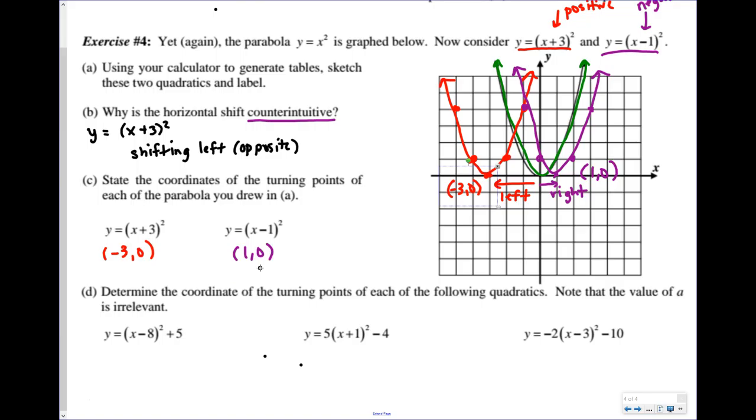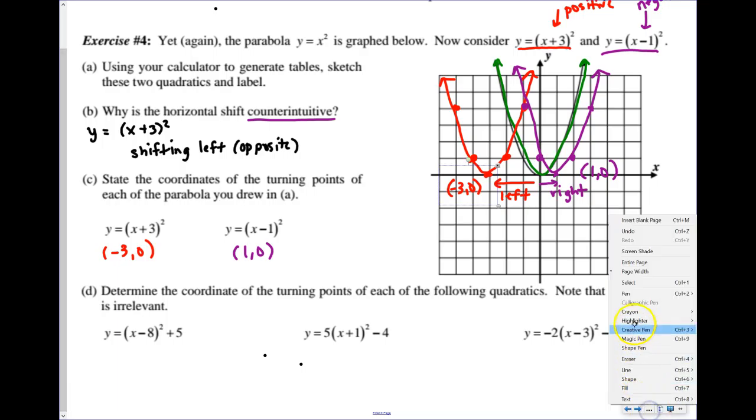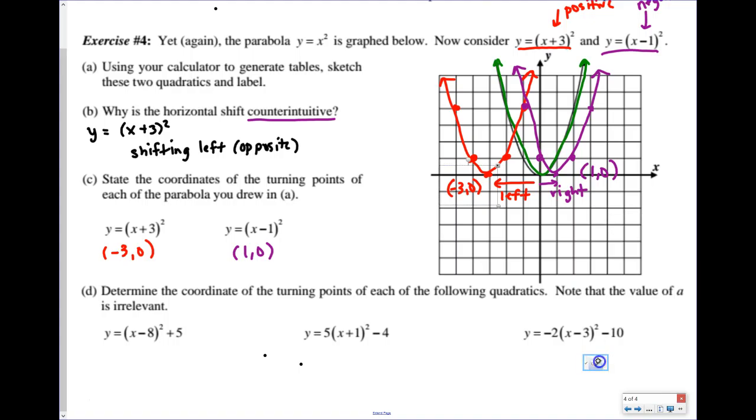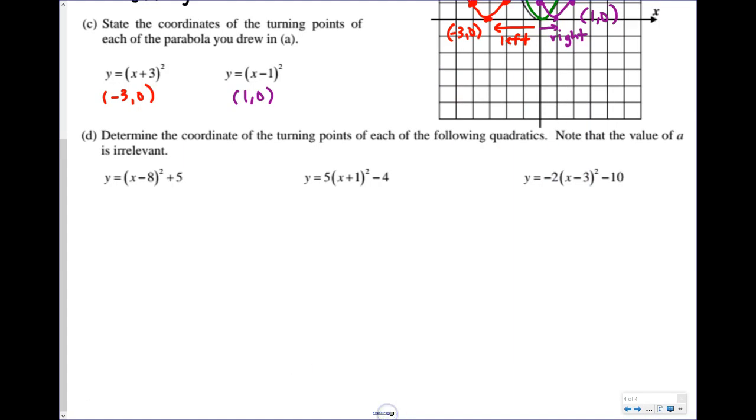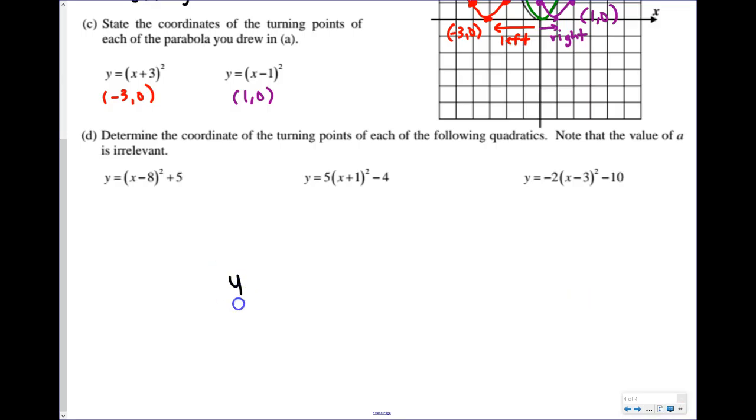Okay? And now we're going to use this information to be able to find the coordinates of the turning points of the following quadratics. So, to sum up before we do this, I want to make a little note down here. This form actually looks like this: (x minus h) squared plus k, where h comma k is your vertex.